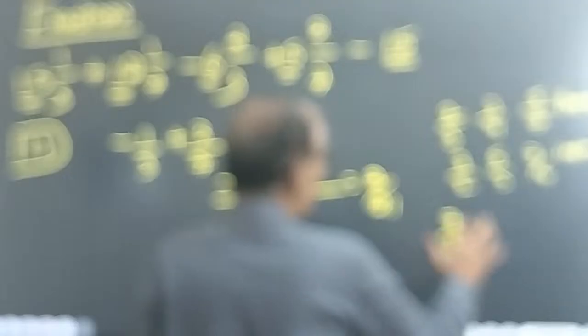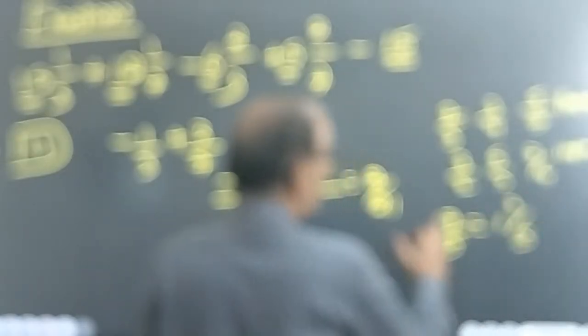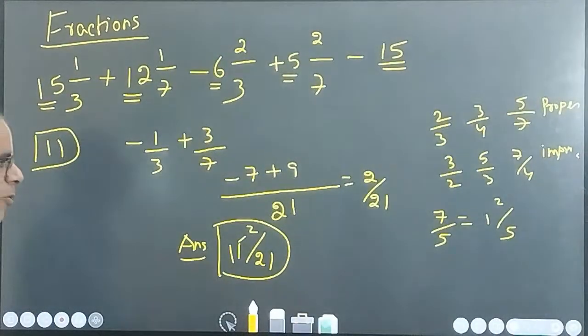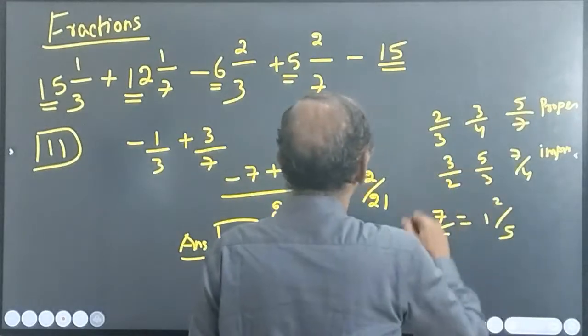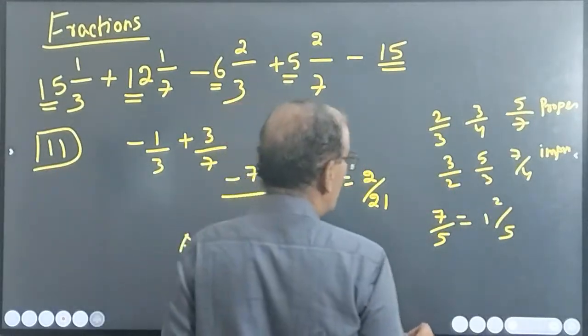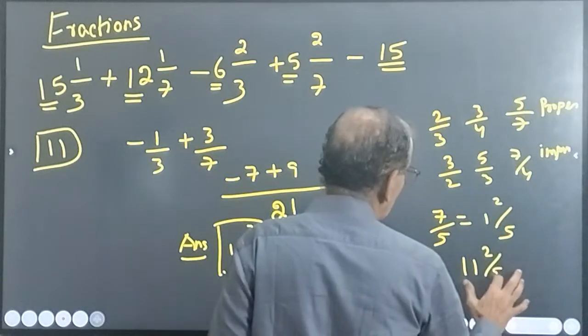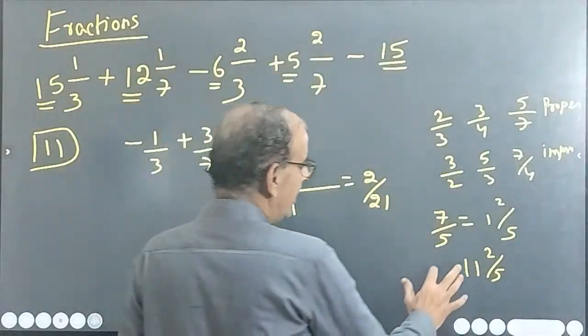How do I have to give the answer? 7 by 5 is an improper fraction. 1 5 is 5, remainder 2, so 1 2 by 5. Already I am having 11, now you add, the answer will be 12 2 by 5.